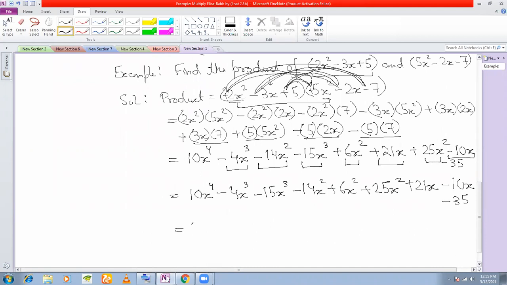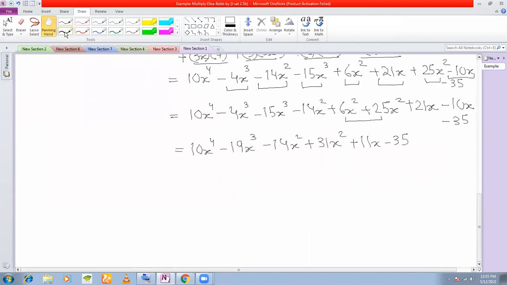Now we are going to simplify. 10x to the power of 4. Minus 15 minus 4 will give you a minus 19x cube. Now here you have minus 14x square, so you first do your addition: 25 plus 6 is 31x square. And then 21 minus 10 will give you 11x, minus 35.